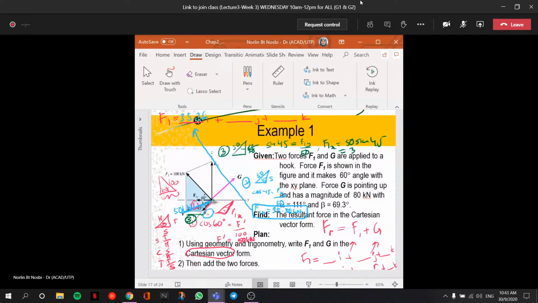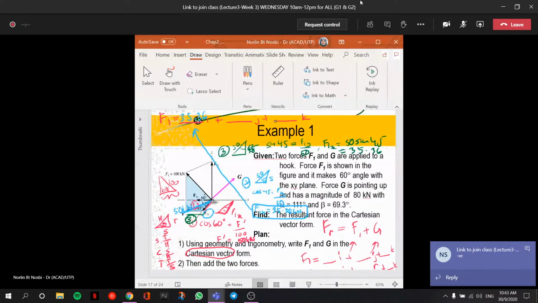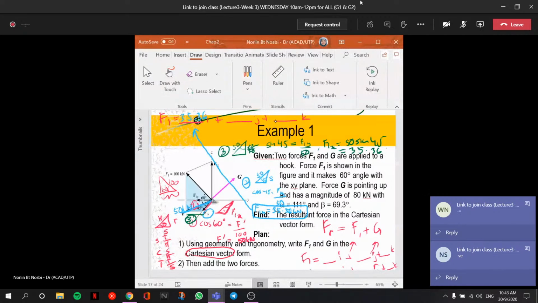Okay, now you put the value 35.36 on this point. Is it positive or negative? Yeah, it is negative. You can see this one, the f1y side is negative. So don't forget to put negative.